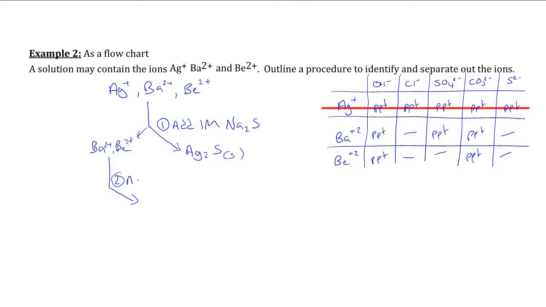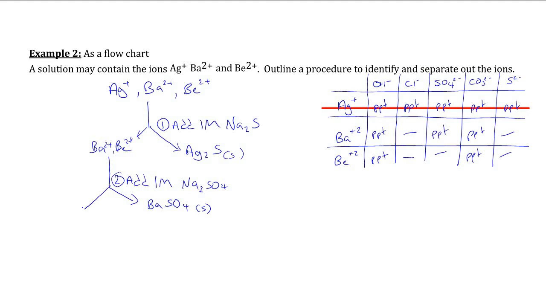So again, we're going to add the sulfate, again 1 molar, and just to make it easy, keep sticking with sodium. That's the nice easy one to go with, so you don't get confused. Na2SO4 this time. And as we saw, this is going to precipitate out the barium as barium sulfate.